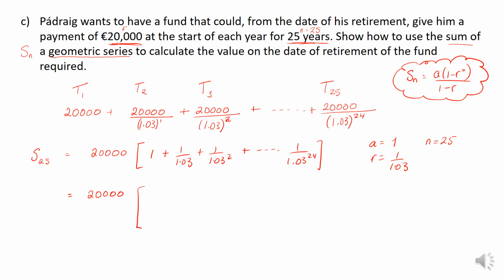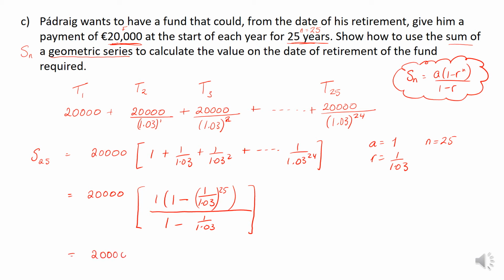Okay, that's available in your formula and tables books, and now let's fill in the formula. So 1 times, which won't alter anything, 1 minus 1 over 1.03 to the power of 25, all divided by 1 minus 1 over 1.03. Now let your calculator do all the work, make the best use of the fraction button as possible.